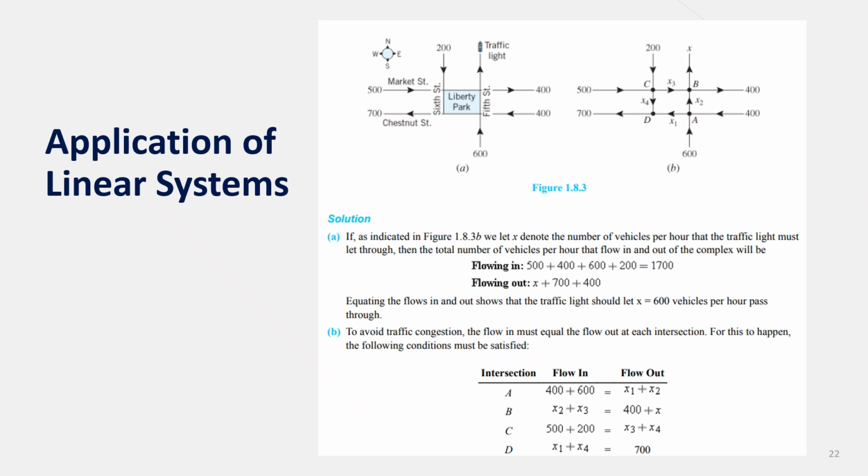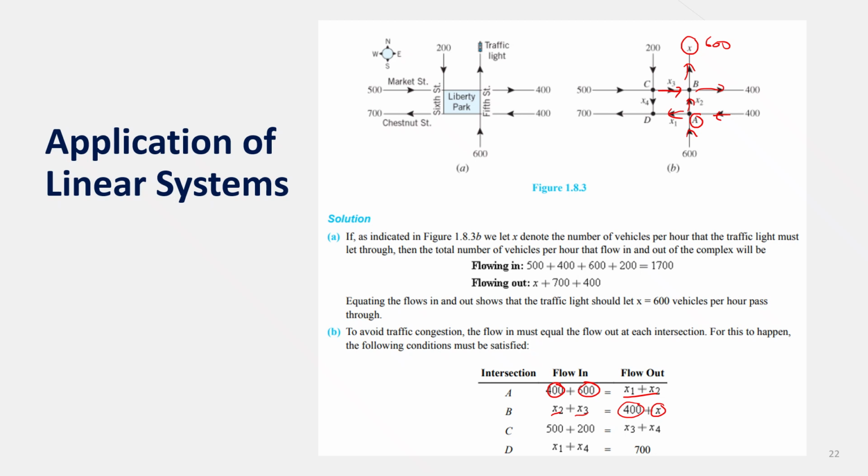For example, at node A, in is 400 plus 600, out is x1 plus x2. For node B, in is this and this one, out is this and this one, and we know this is 600. So x2 plus x3 equals 400 plus x, or 600 from earlier.